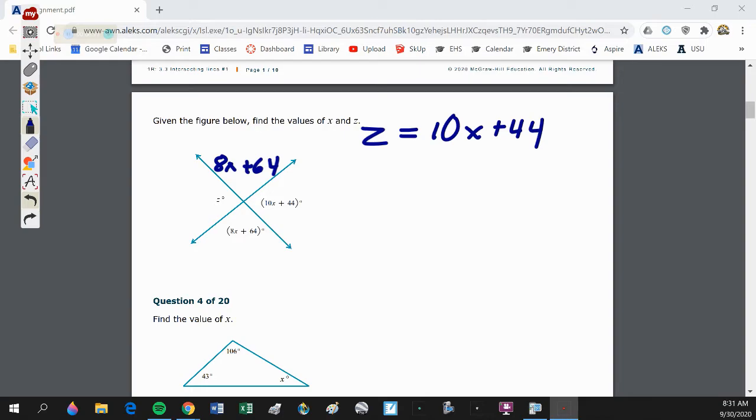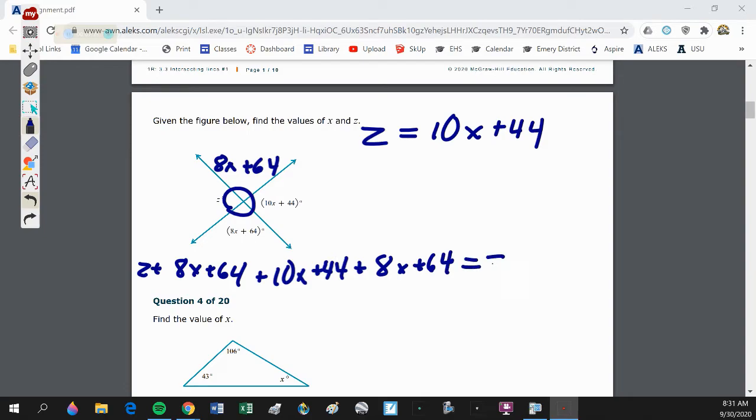I could say all of these added together are equal to 360. So I could say z plus 8x plus 64 plus 10x plus 44 plus 8x plus 64 is equal to 360. And then I put all that together and I get z plus 26x, and then 64 and 44 would be 110 plus 64 is 174.